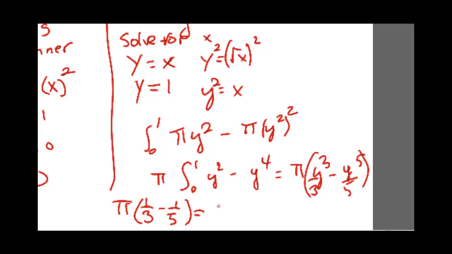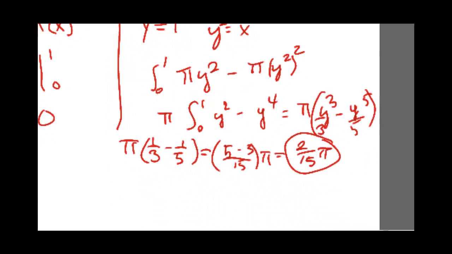Common denominator 15 gives me 5 minus 3 over 15, or 2 over 15 pi. And that would be the volume of that solid of revolution.